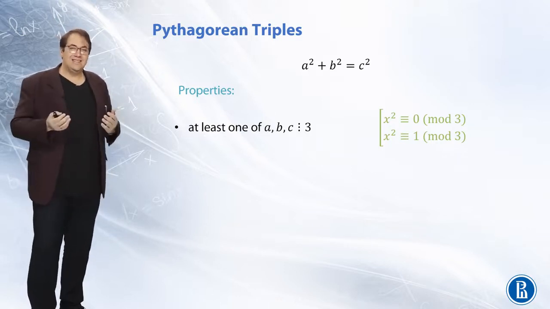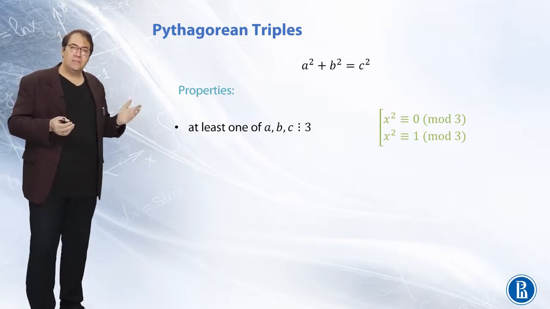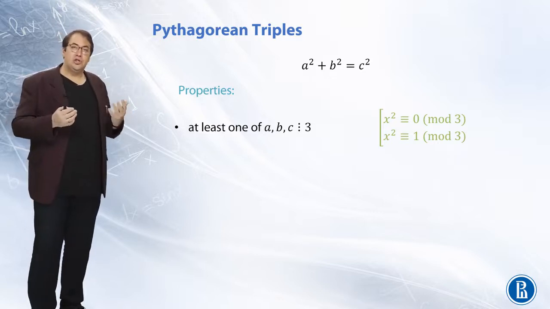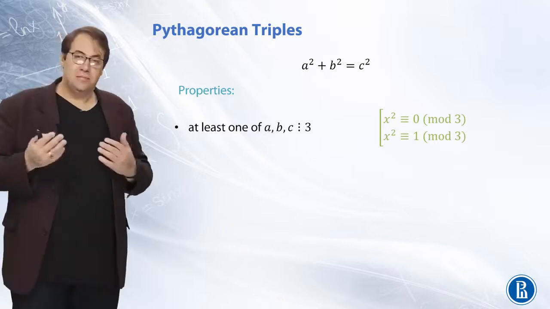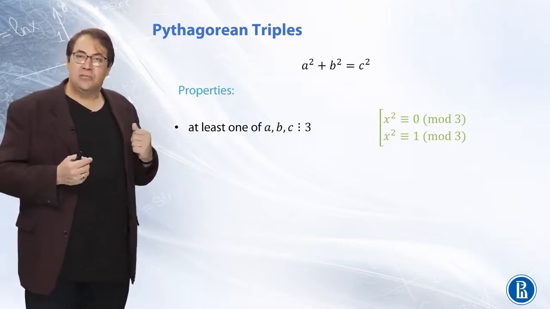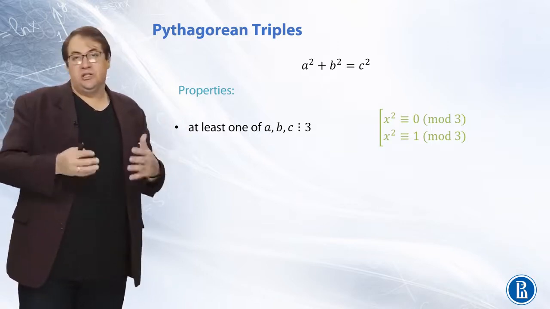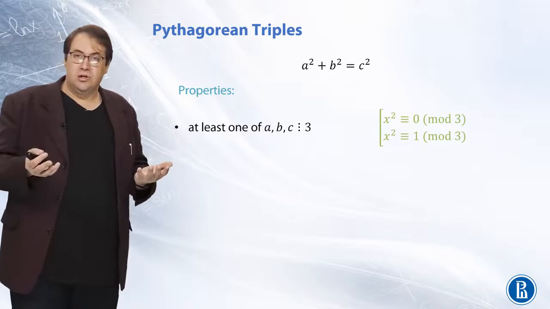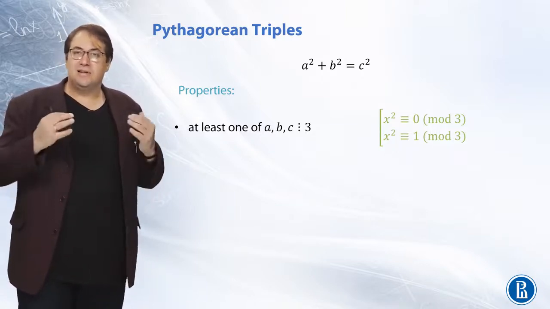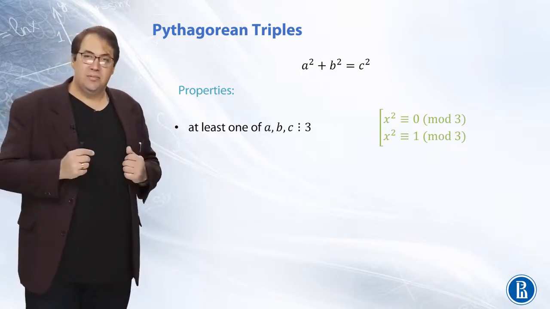So if we suppose that none of a, b, or c is divisible by 3, then all three squares should give remainder 1 modulo 3, which means that the Pythagoras equation modulo 3 would look like 1 plus 1 equals 1, which is of course not correct. So it is impossible that none of these numbers a, b, and c is divisible by 3.